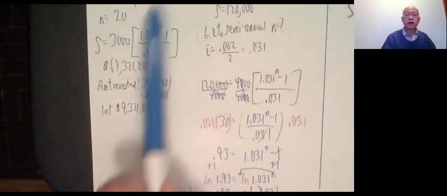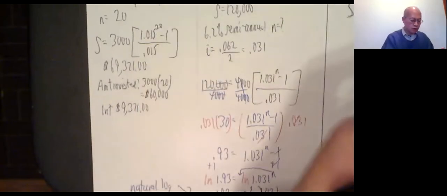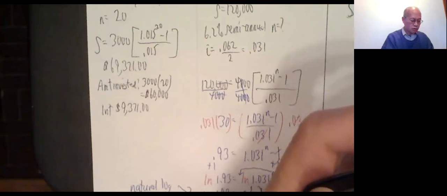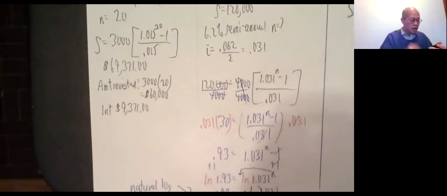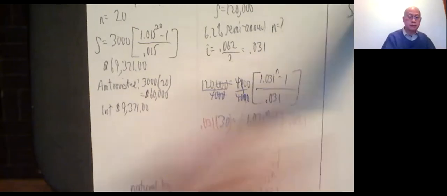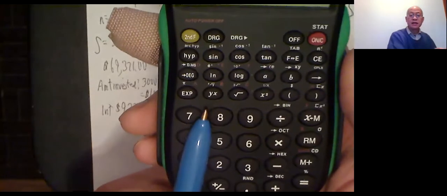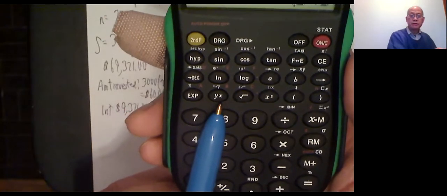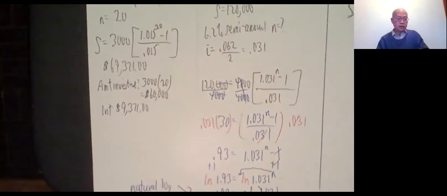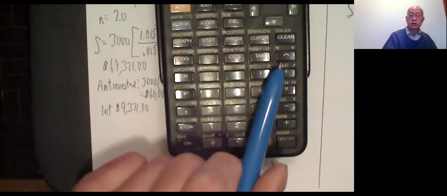Okay, so I'm going to do 1.015 to the 20th power, 1.015. Okay, on this calculator, to get an exponent, you hit y to the x, this button right here. That's equivalent to this button, the up caret button, that one right there.